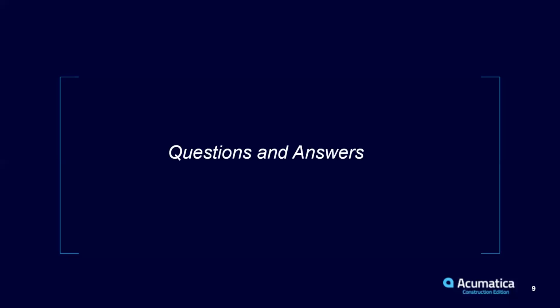The first question we have is, how easy is it to set up a connection with the mobile app and the cloud construction accounting software? Okay, great question. So the answer to that simply is very easily. And I can say that because Acumatica utilizes open APIs to connect data.